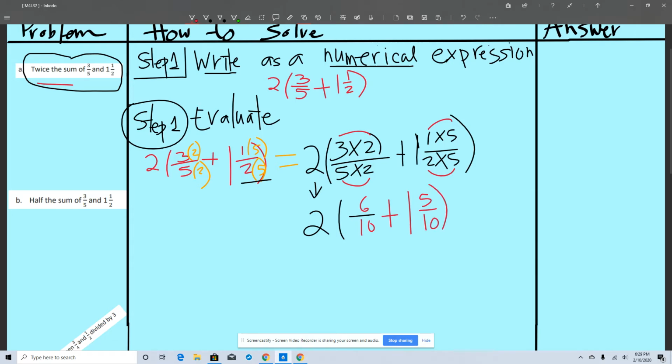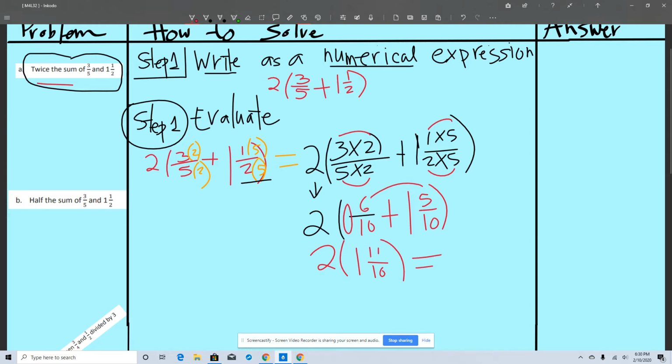Now we can add all together. So this is going to be equal to 2. 6 plus 5 equals 11. Well, let's write the 1. The 1 whole is 1 whole plus 0 wholes equals 1. And 5 plus 6 equals 11. And the denominator is the same. Now we have to multiply that by the 2.